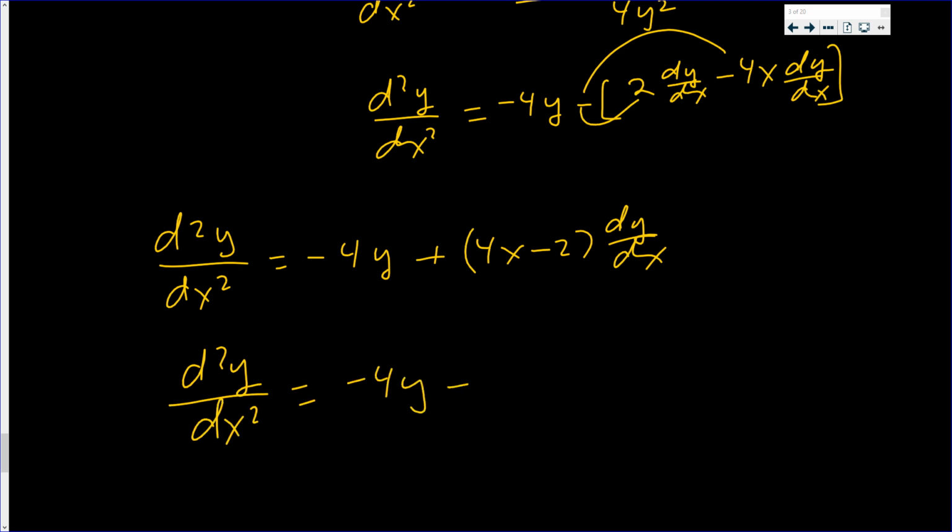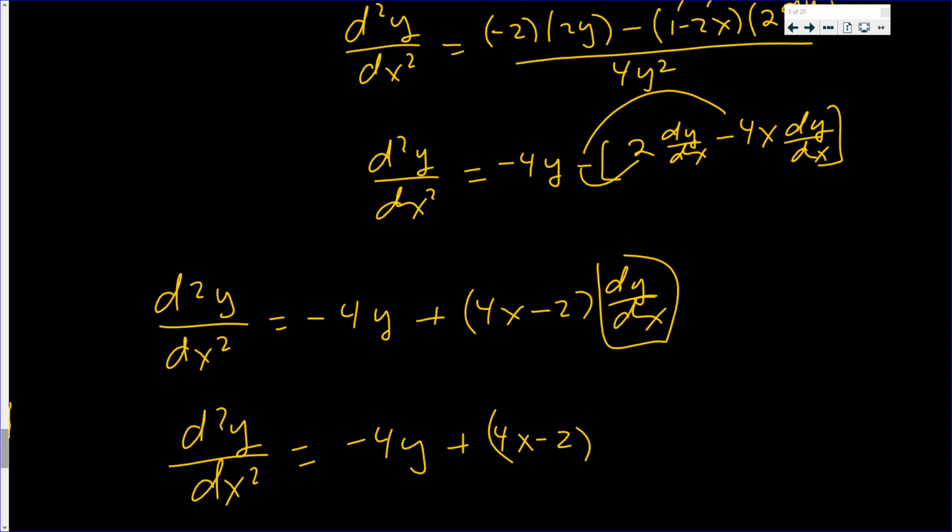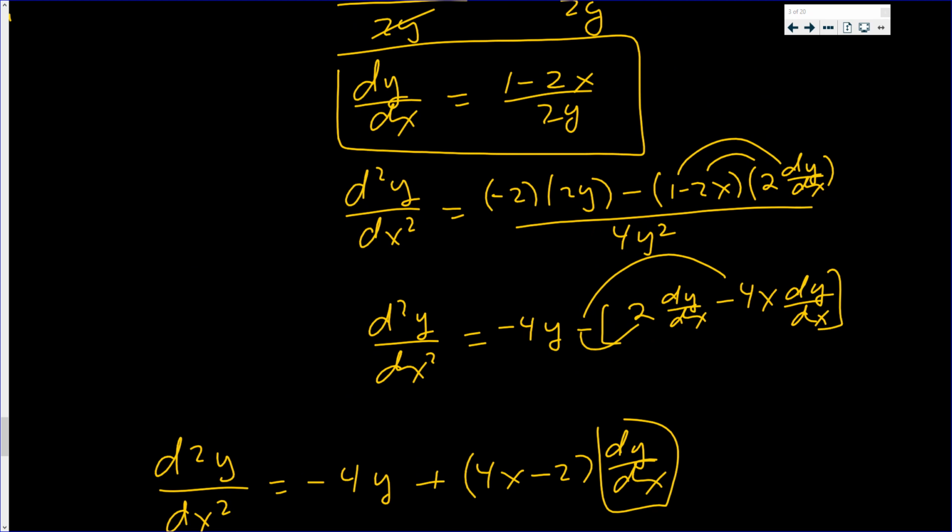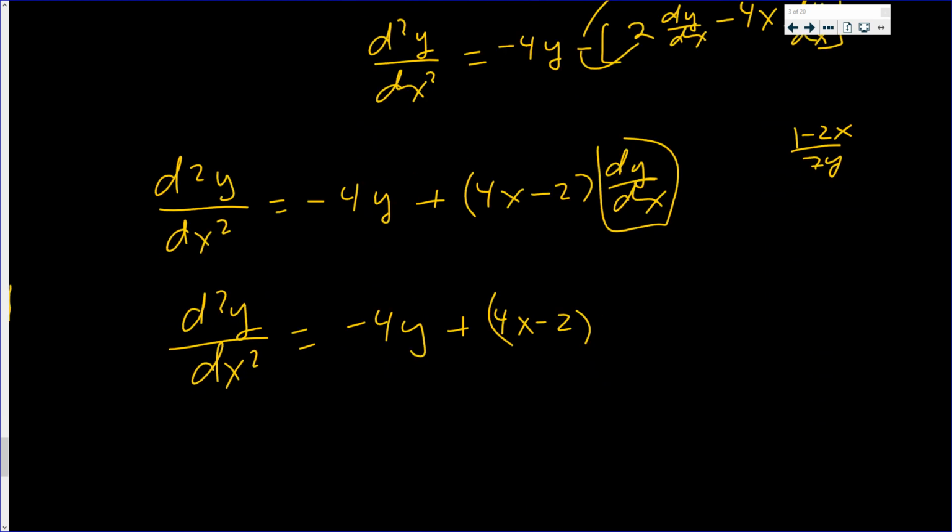What you should do is, we found dy dx. We should use that information. We found that dy dx was 1 minus 2x over 2y. Okay? So, we should say 1 minus 2x over 2y.